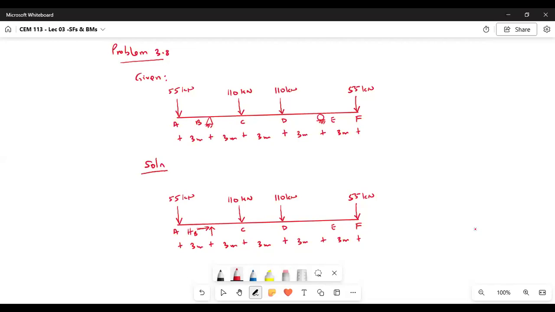This is just a common sense approach. This is VB. And this side, we have a support here. And this one is VE.